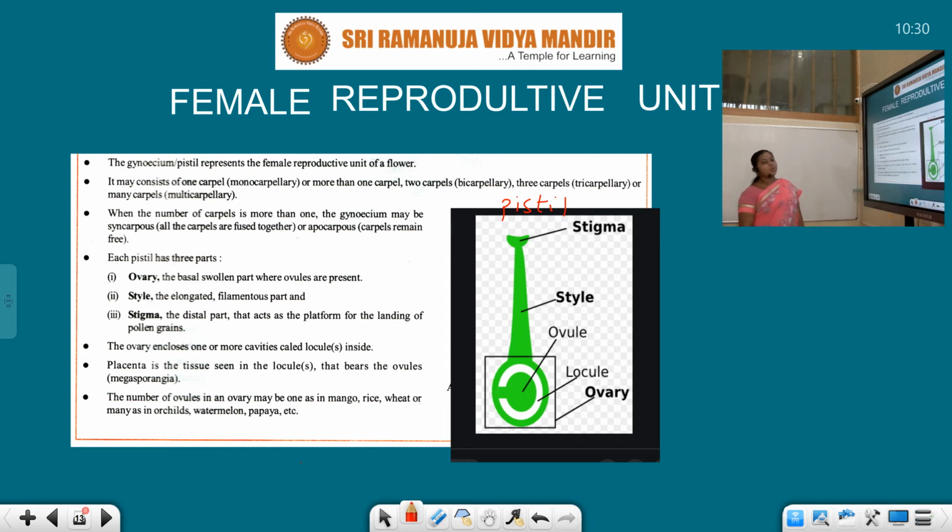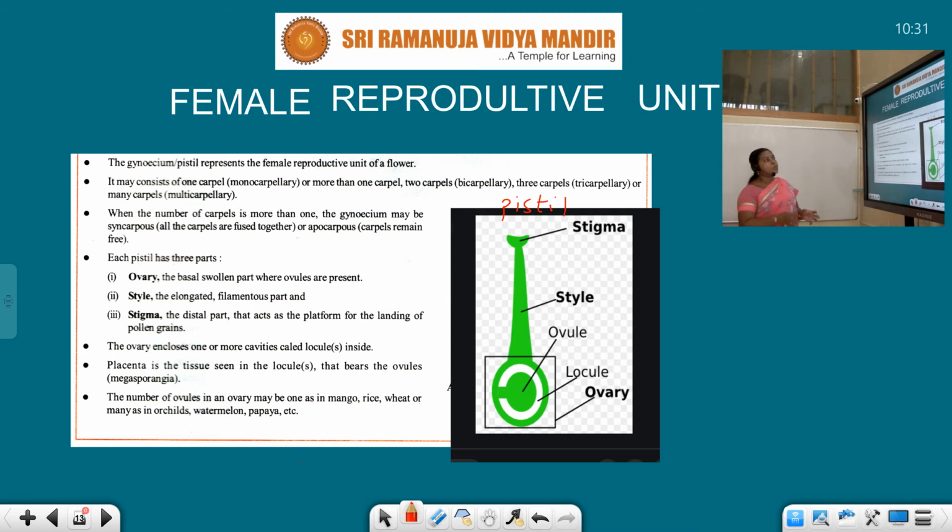It may consist of one carpel, which is called monocarpellary. If it has two carpels, it is bicarpellary, if three, tricarpellary, and if more, multicarpellary, depending upon the number of carpels present.